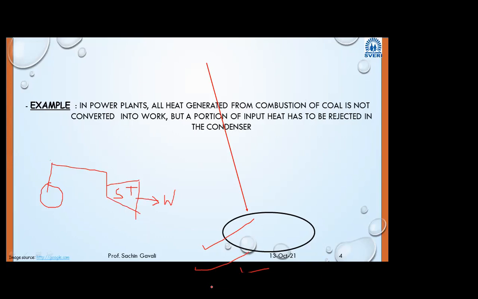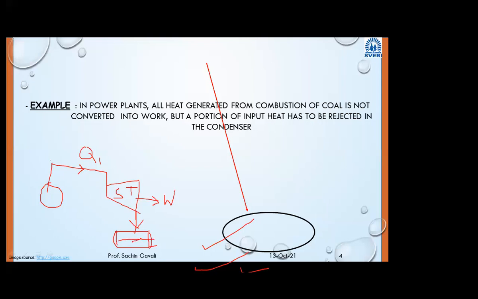Here, let us consider that Q1 amount of heat, thermal energy, is supplied to the steam turbine. W amount of work is produced, but some amount of heat always has to be rejected to a condenser. Therefore a condenser is necessary. Or if a condenser is not there, some amount has to be exhausted to the atmosphere.